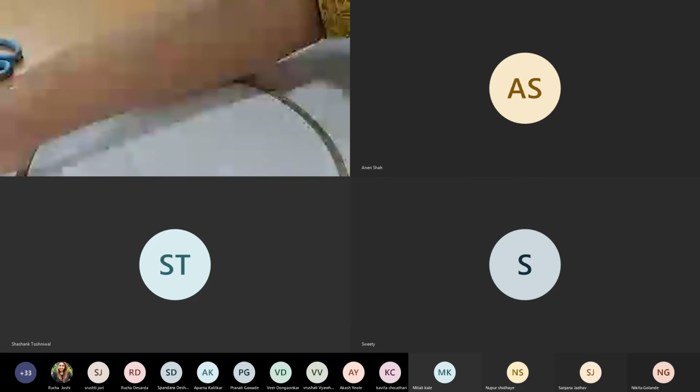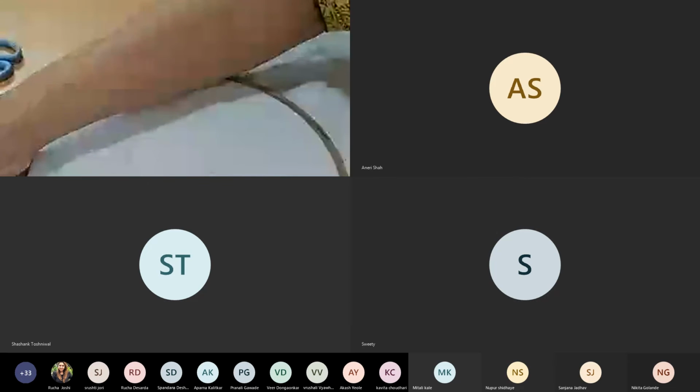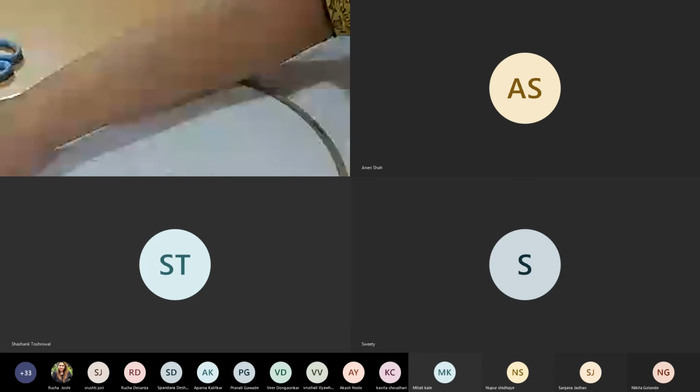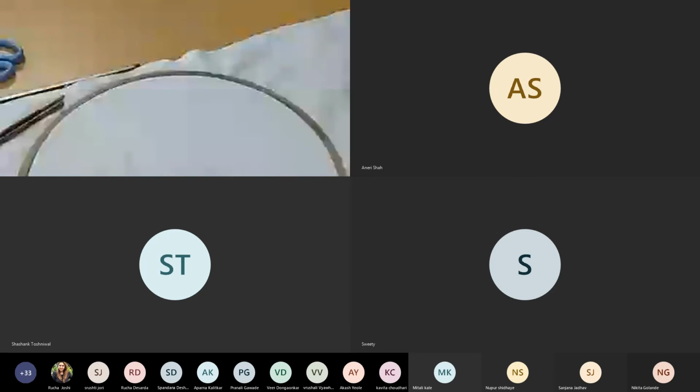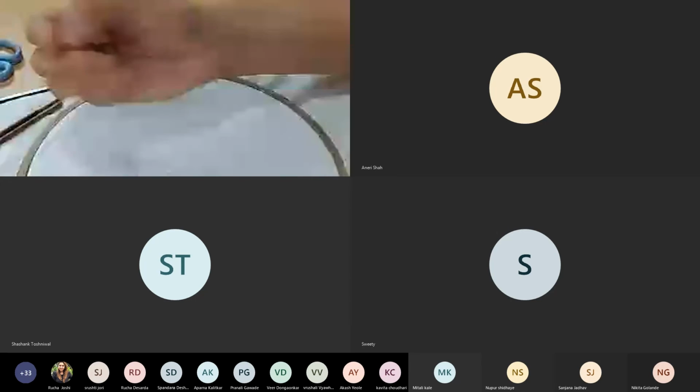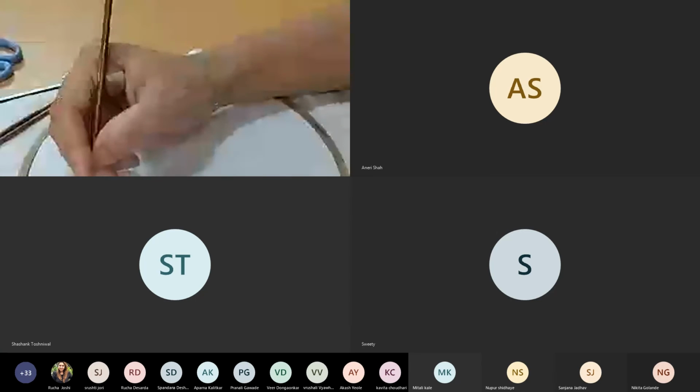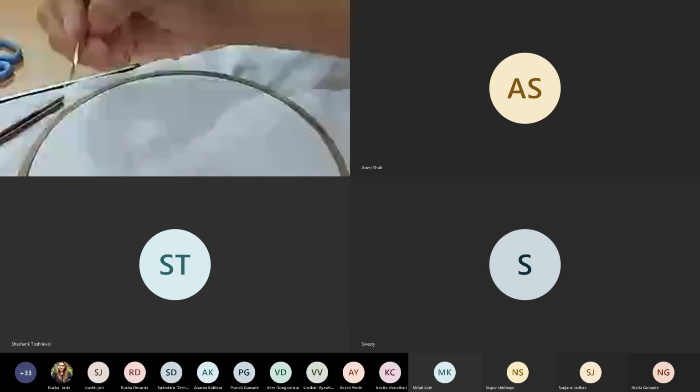Okay, I'm leaving certain empty places in between because I'm planning to fill it with other colors. So I'm just giving a light space.